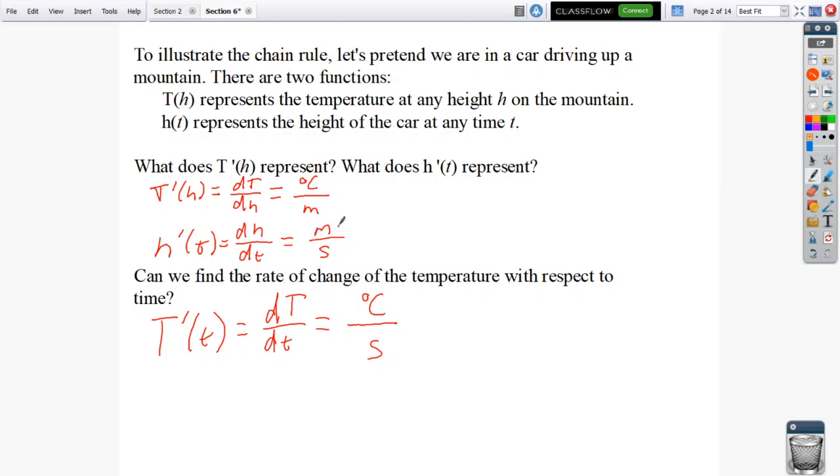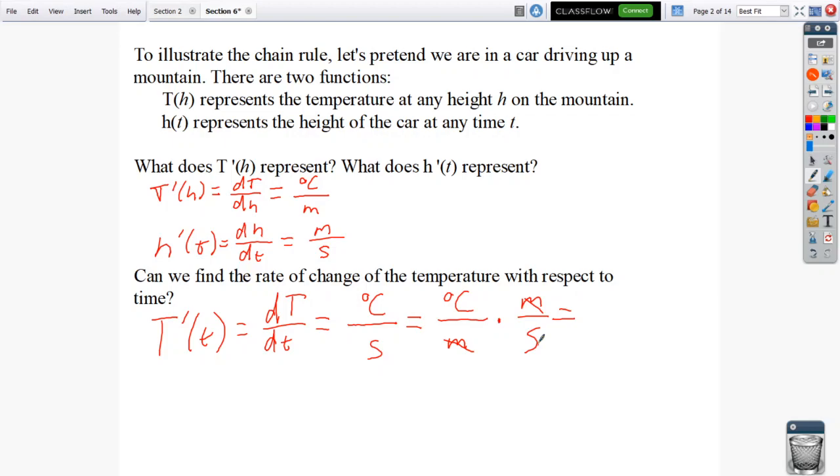Looking at that, degrees Celsius per meter times meters per second cancels out and gives us degrees Celsius per second.